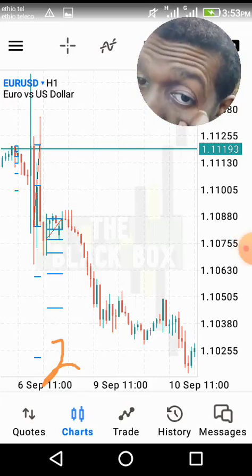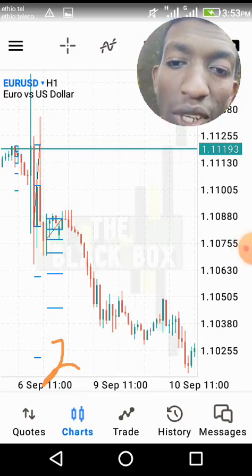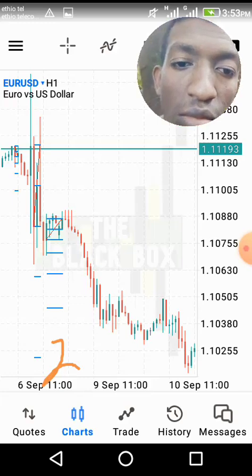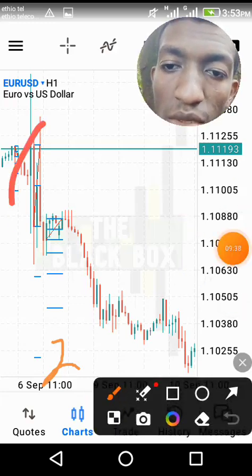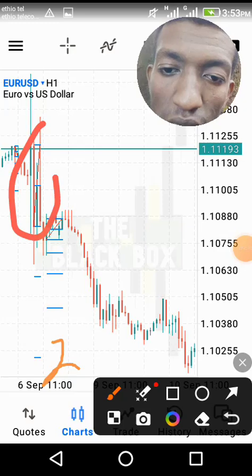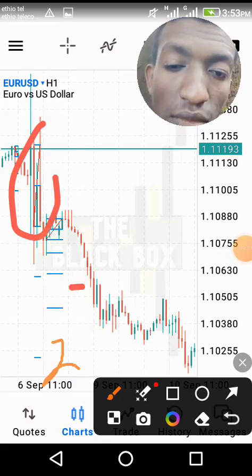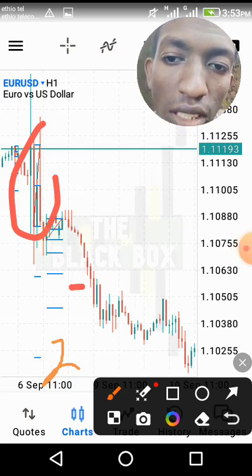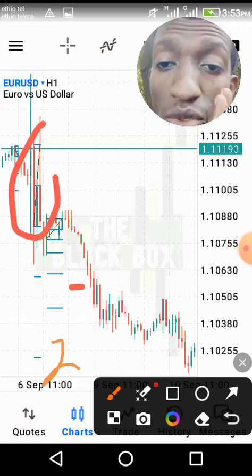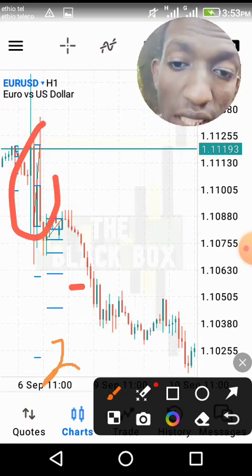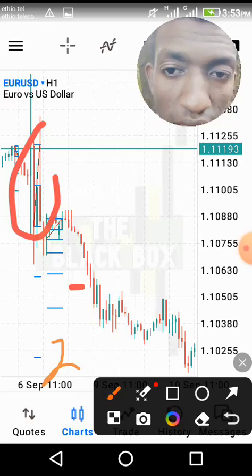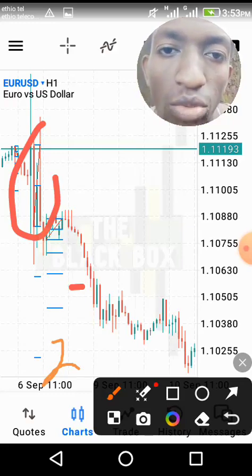So what exactly happened? Based on this black box, you would enter exactly right there, but you are never trading this. Never. Why? I told you there is a rule.